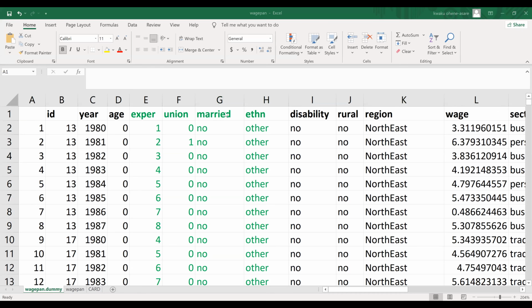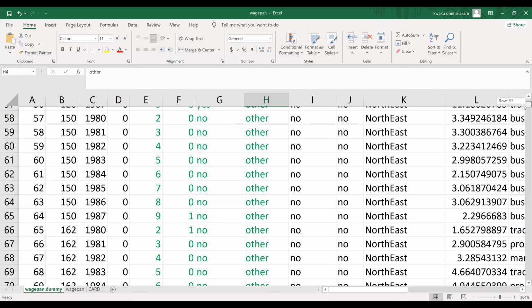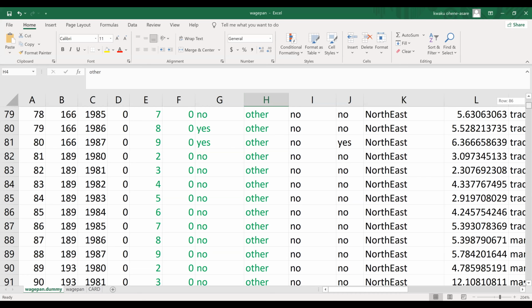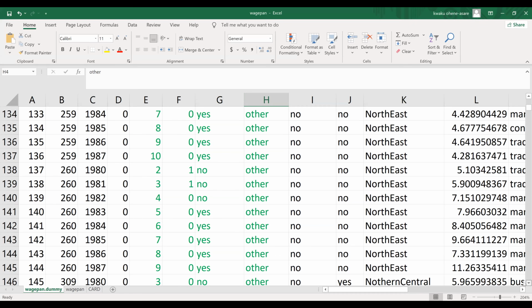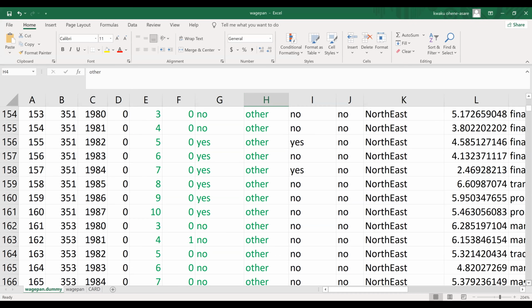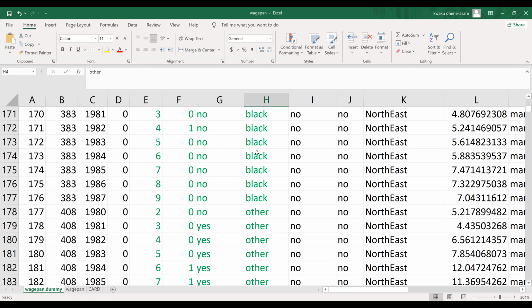Another thing to watch is ethnicity. The ethnic background of the person. So this ethnic background, they have 3 of them. Whether you are a Black person, whether you are Hispanic, or you are other. So when you go, you see other, and you see other is quite a lot, but Black has come.